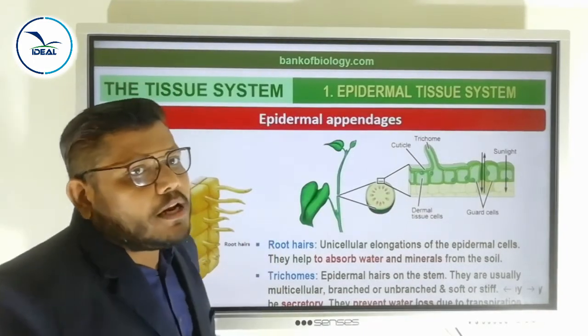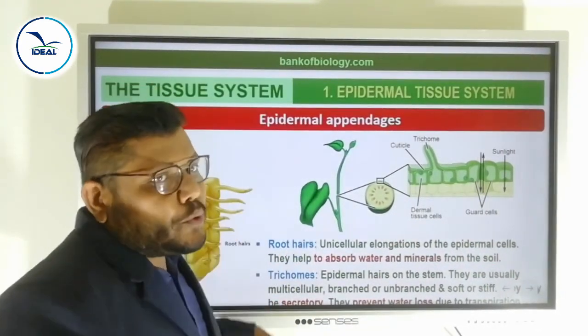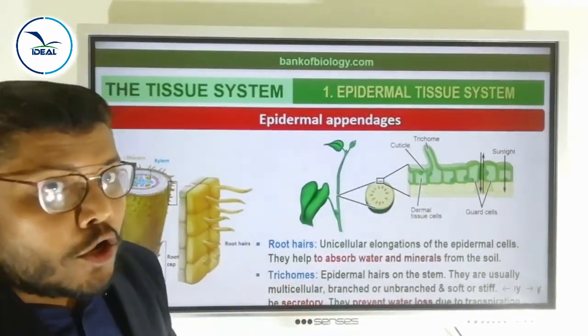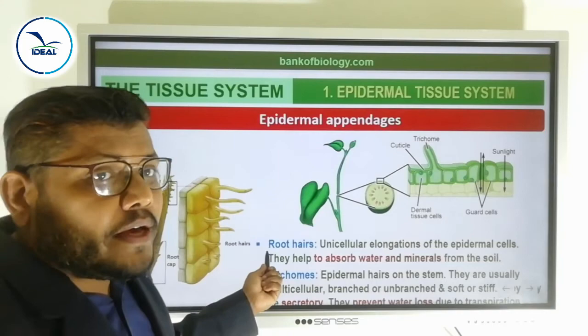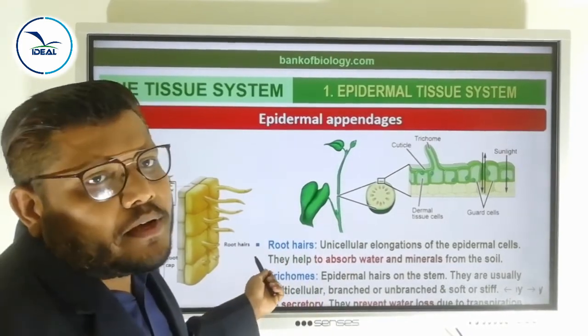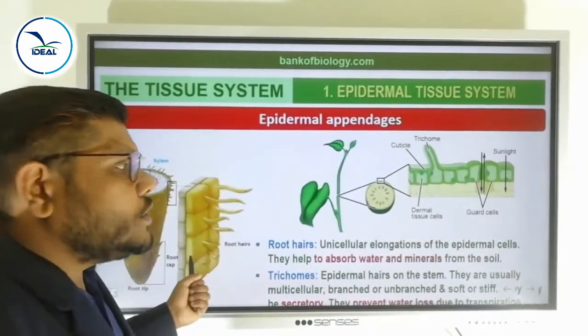Next one, the epidermal appendages. What are epidermal appendages? It's a part of the epidermal tissue system which consists of two types. One is called root hair, another one is called trichomes.